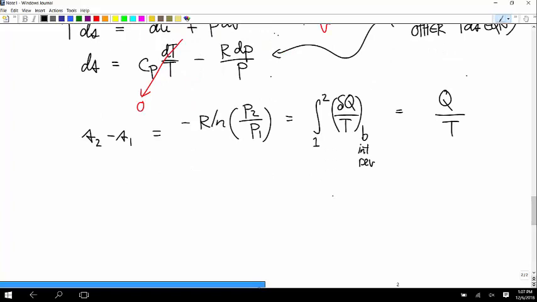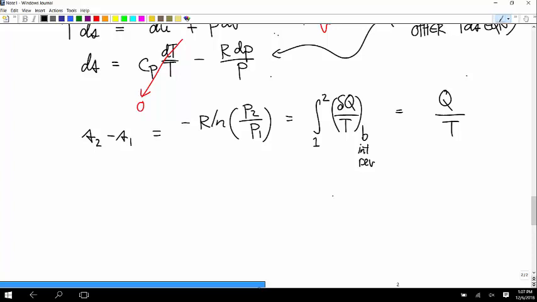Okay, so here's where this is going. There are four stages of a Carnot cycle, okay? Two are isothermal and two are adiabatic. Adiabatic means there's no heat transfer, okay?